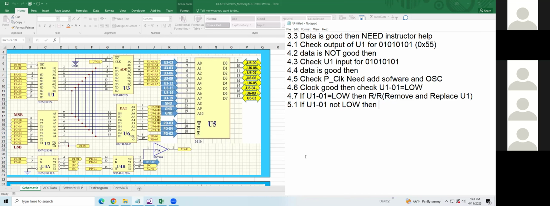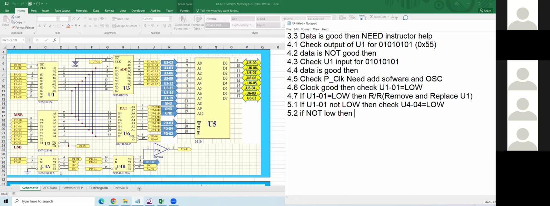Check U4 pin 4 equal low. If not low, then what can you do? Check PB1.